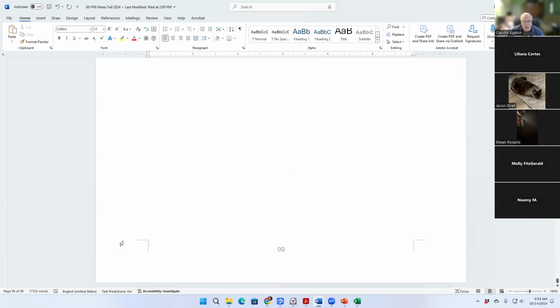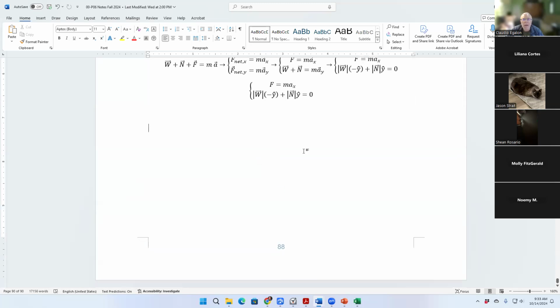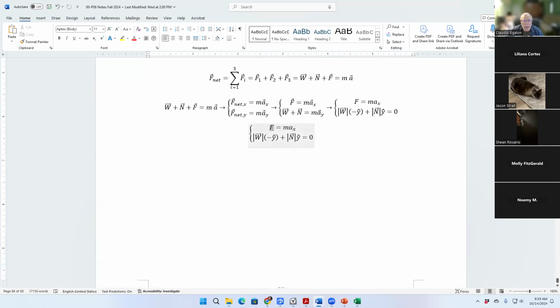I'm going to erase this guy here that's bothering me. Here you go. Okay. Here is going to be 1 Newton. I told you that the mass is 1 kilogram, right?